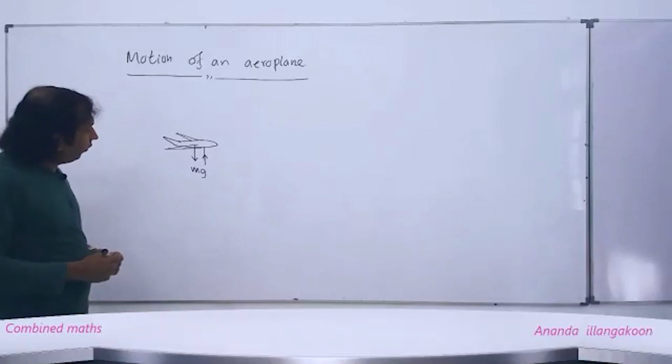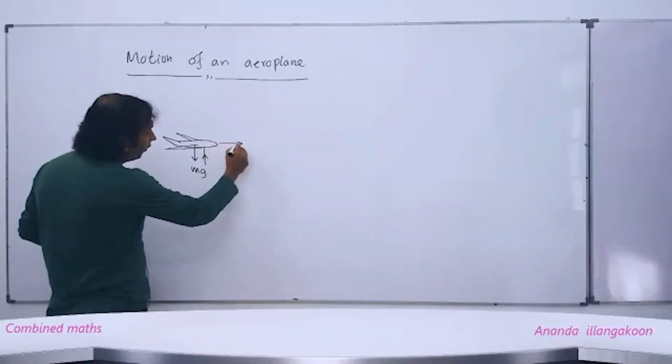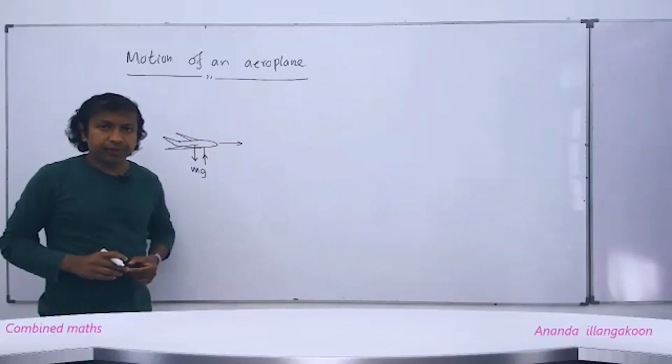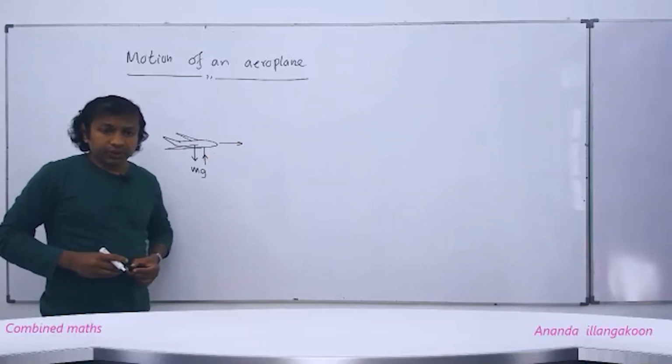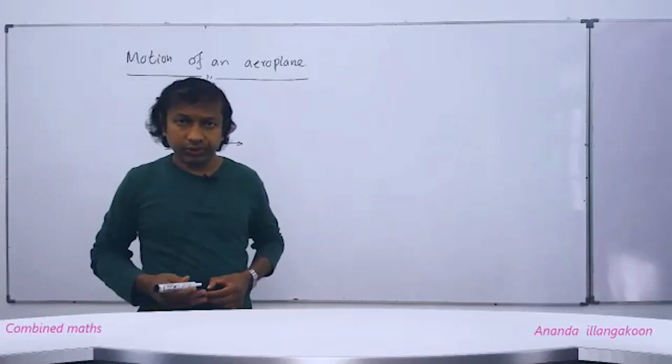Now, when this aeroplane flies in this way, its weight is balanced by upthrust coming to the aeroplane by the air. That occurs subject to Bernoulli's principle you learned in physics.